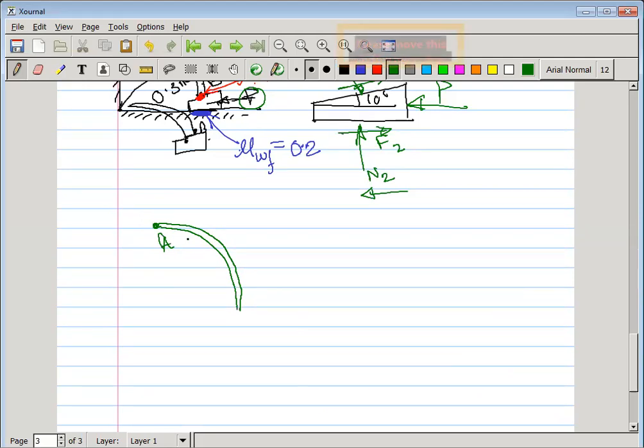Remember, for a hinge joint we always apply some force along the x direction and some force along the y direction, Ax and Ay. There is no specific direction for the reaction force in the case of a hinge joint. So we take both Ax and Ay.